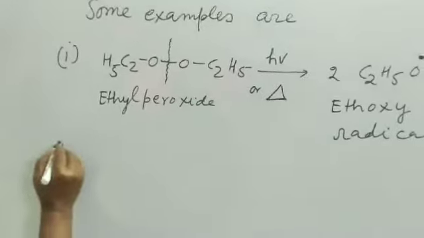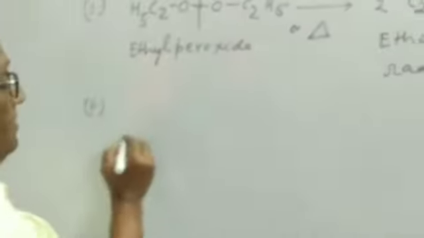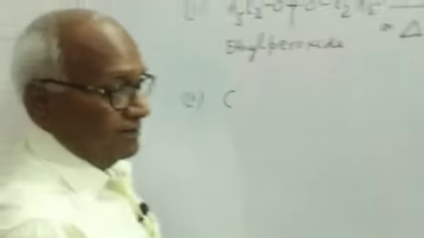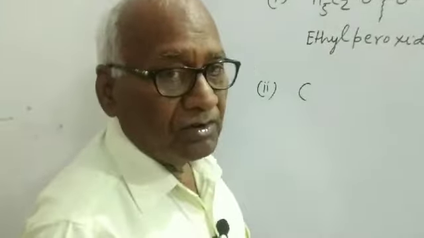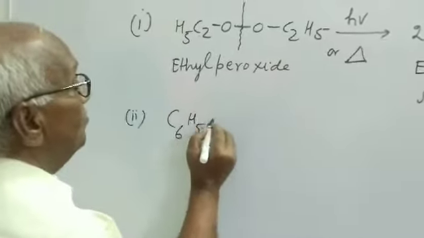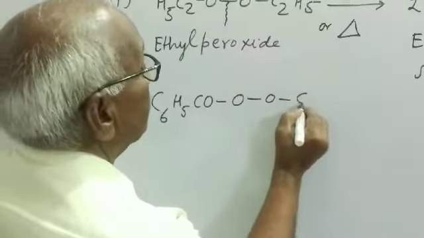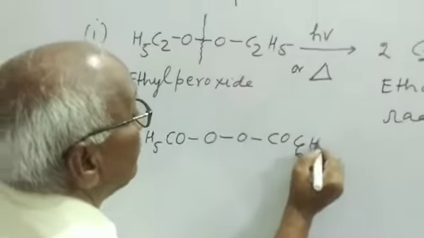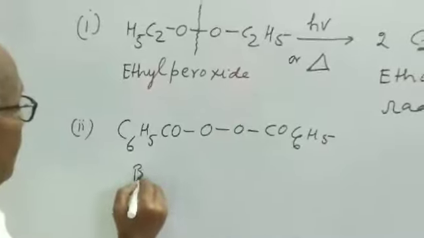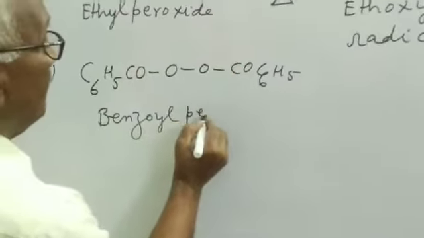Similarly, you know about benzoyl peroxide. It is a very important radical initiator in the anti-Markovnikov addition reaction. So in benzoyl peroxide, this is the benzoyl group, this is the peroxide linkage, C6H5 benzoyl peroxide.